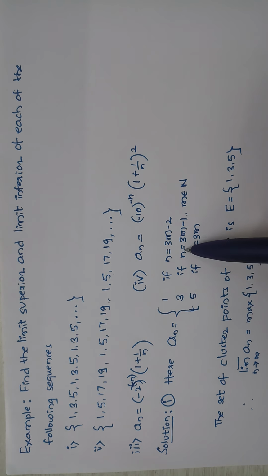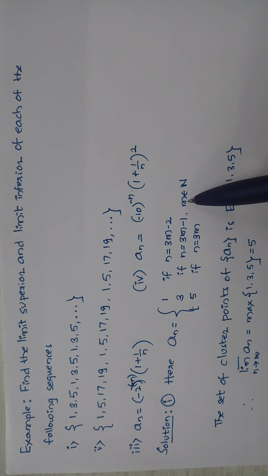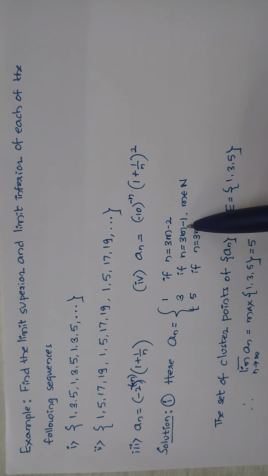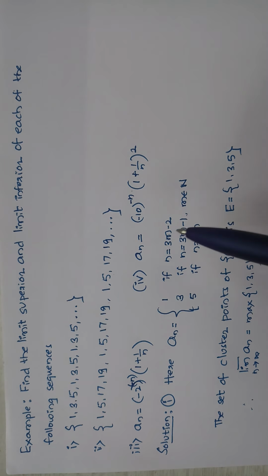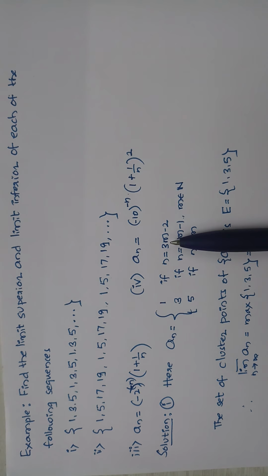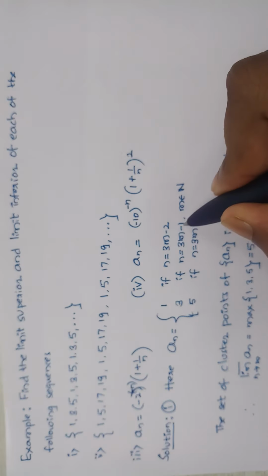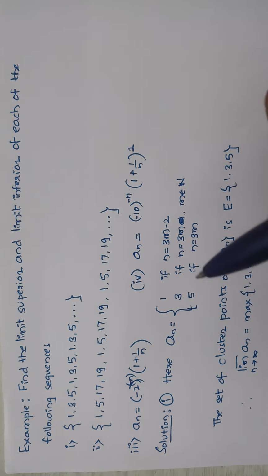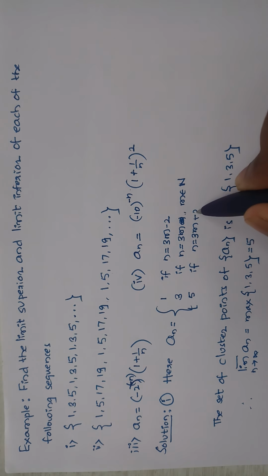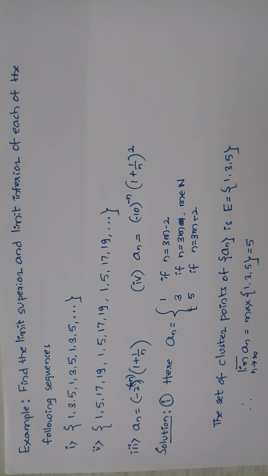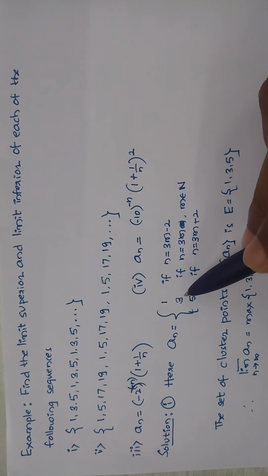Then it is 3 when n is equal to 3m minus 1, and this is 3m plus 2 for the other case. So when m is equal to 1, it will become 3.